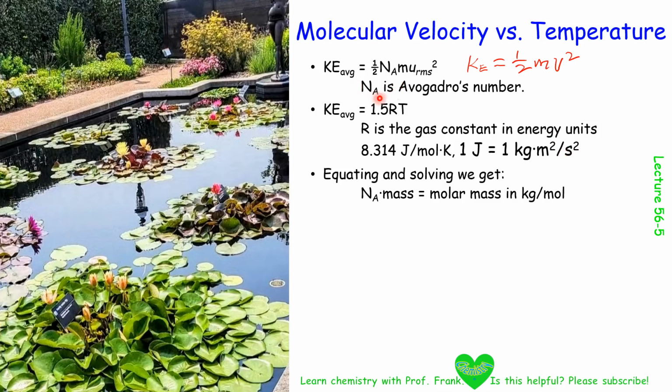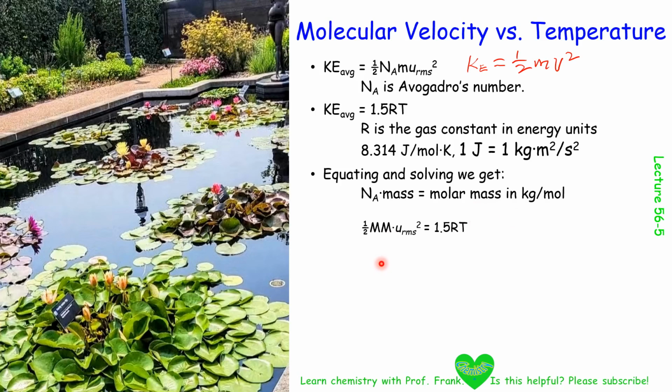So if we equate and solve those two equations, we'll get Avogadro number times mass equals molar mass in kilogram per mole. You see, molar mass.